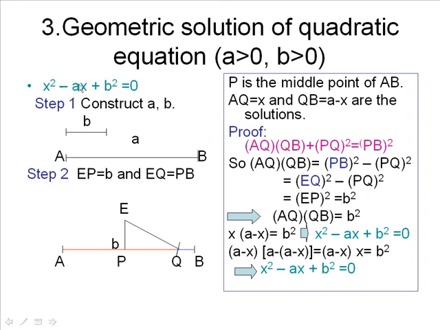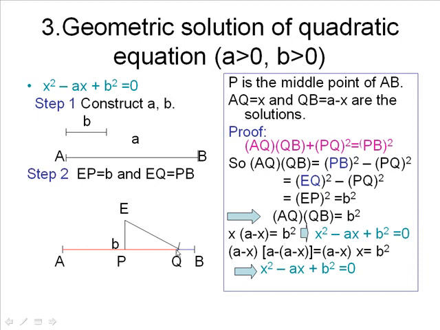Suppose we have -7 here, we're going to construct a +7, a line segment, AB. And then we're going to find the midpoint of AB, denoted by P, and draw a vertical line segment EP, such that EP equals B. And we're going to use a compass to construct a circle.